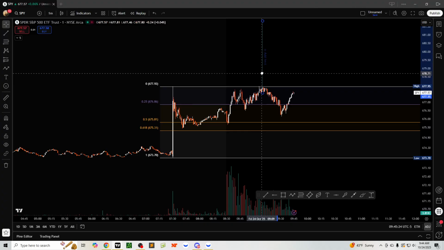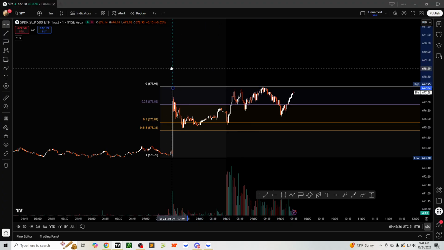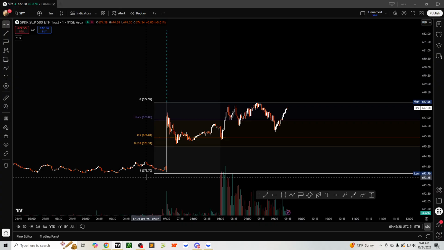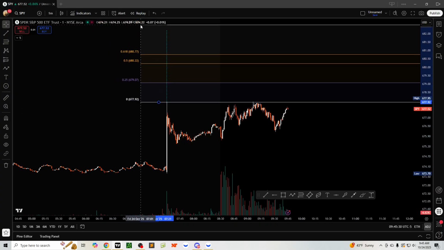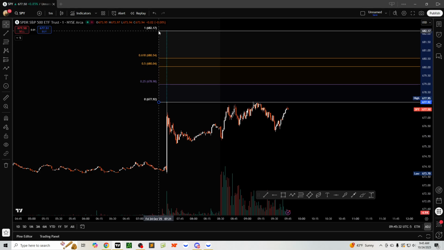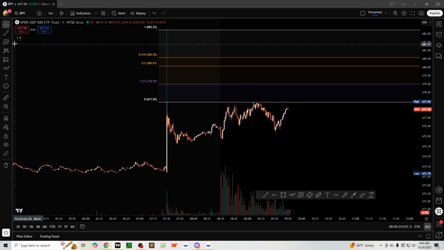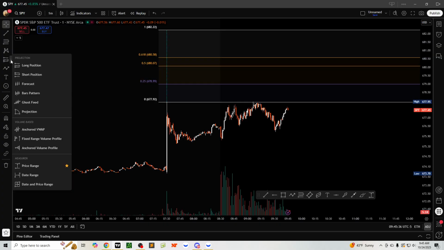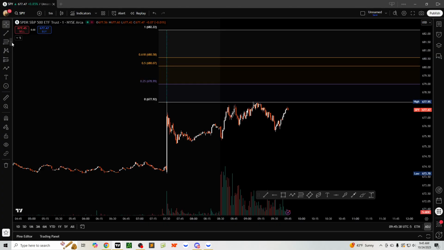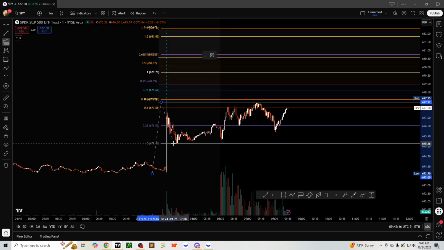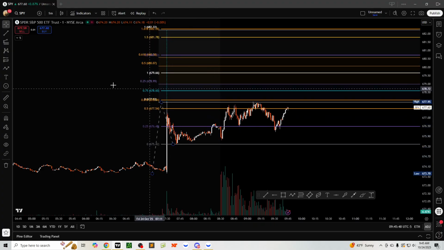and I add it up here to that high, and I flip this to that, and then I add the extensions here from our low to our high to our low, they overlap.